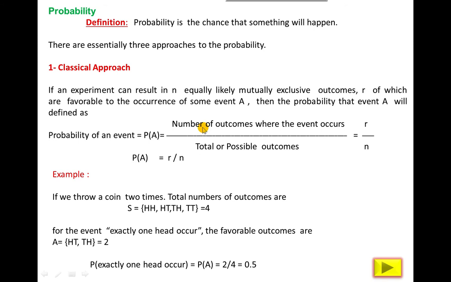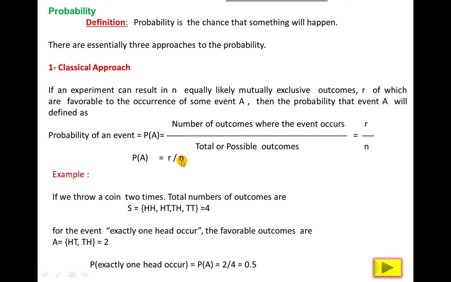You can write favorable outcomes in the numerator and possible outcomes in the denominator. Favorable outcomes are in favor of the event, because we always find the probability of an event out of the total possible. So the formula of probability in the classical approach is P(A) = r/n.